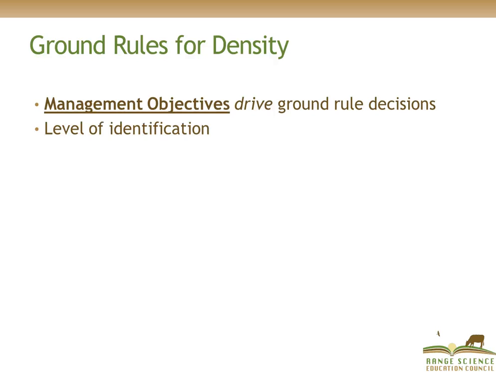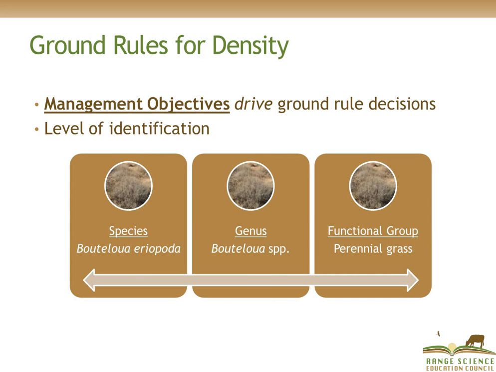Another ground rule that is important is the level of identification that needs to be done. Oftentimes in ecological studies, we're interested in collecting data at a species level. But depending on how we're going to use that data and what the purpose is for collecting the data, we may not need to identify to the species level.